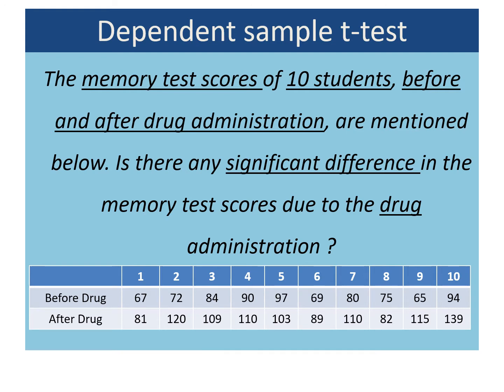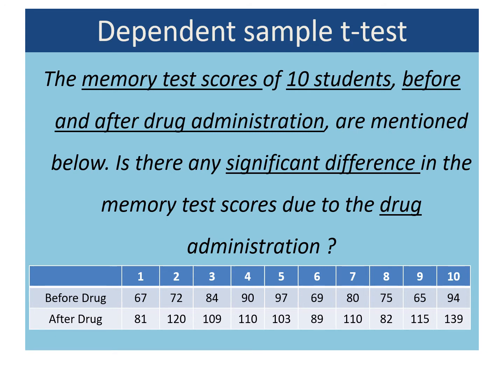This independent variable has two levels. One is the before drug condition and another one is the after drug condition. We need to check whether this drug has any significant effect on the memory test score.